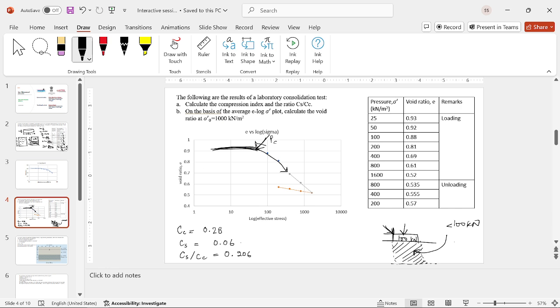It will show high volumetric strain, because now you are in the zone where you are causing the soil to undergo plastic deformation, because as soon as you unload it, it will not go back to its original shape. It will go back somewhere here. Now it is permanently deformed to some extent.